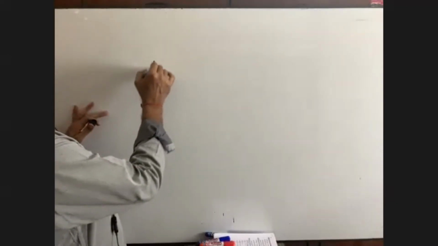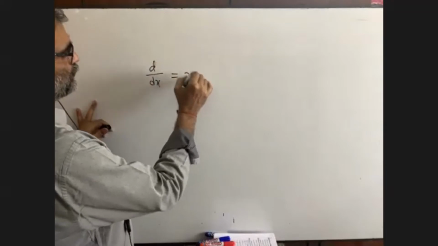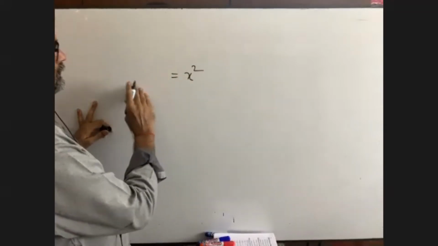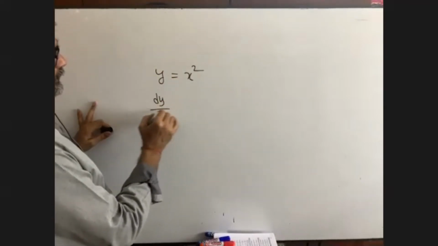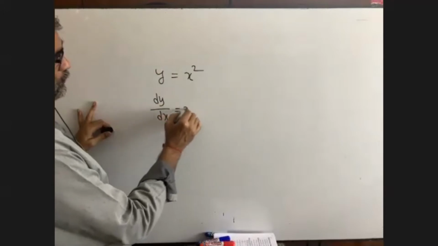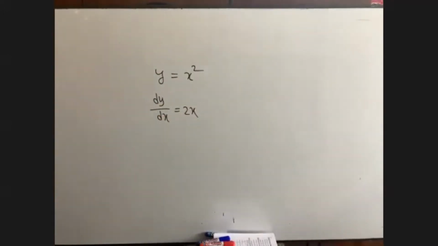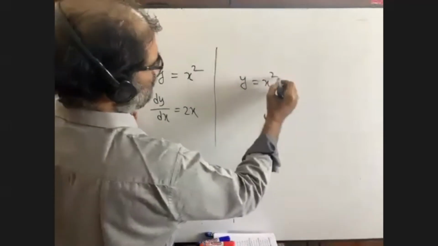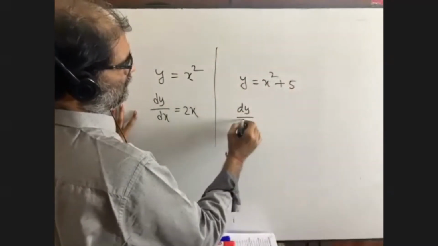Suppose y equals x square. What is dy by dx? 2x. Am I right? That's really good. But if y equals x square plus 5, what is dy by dx?